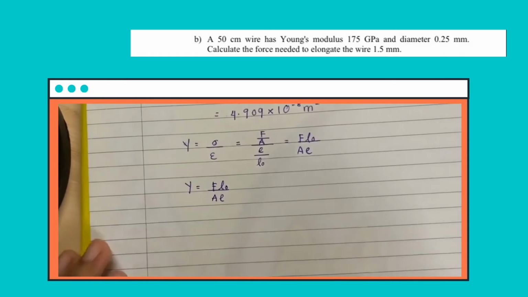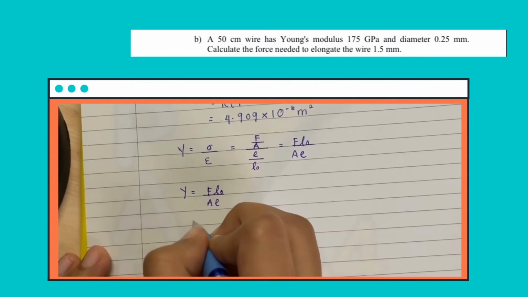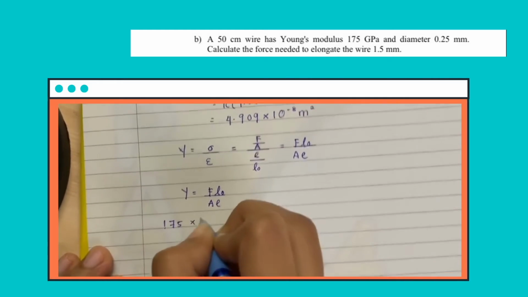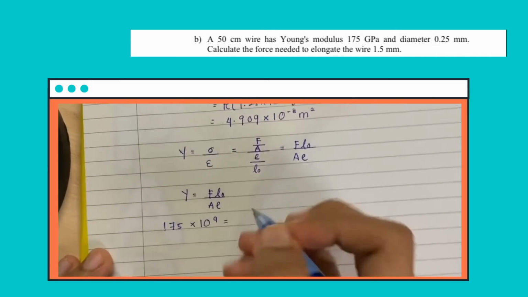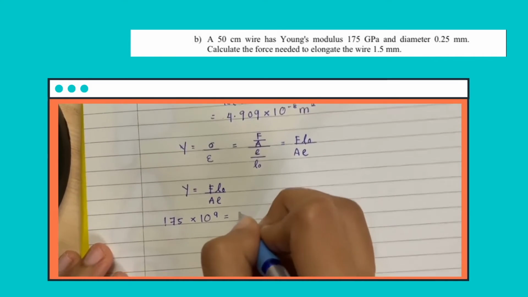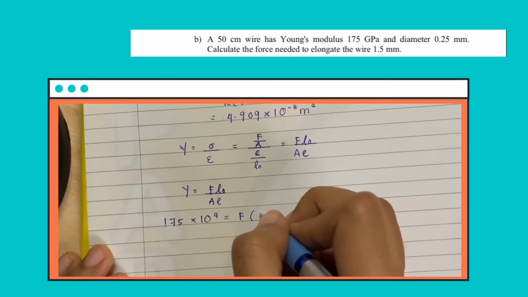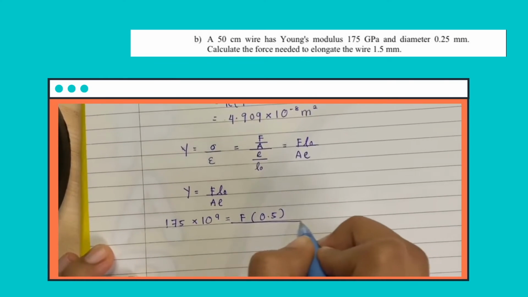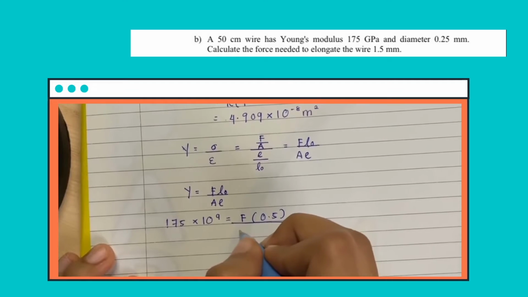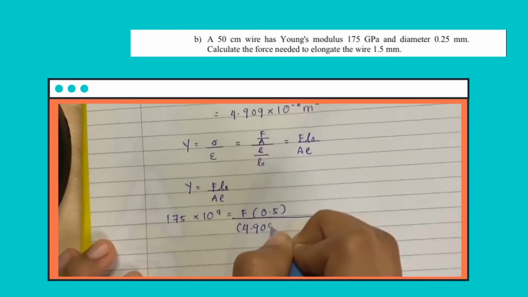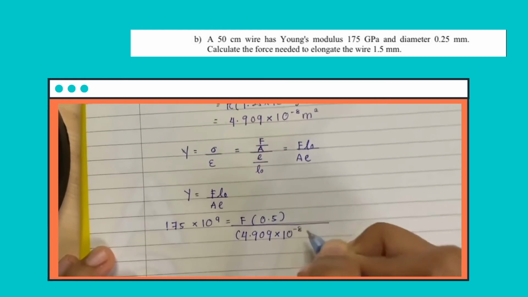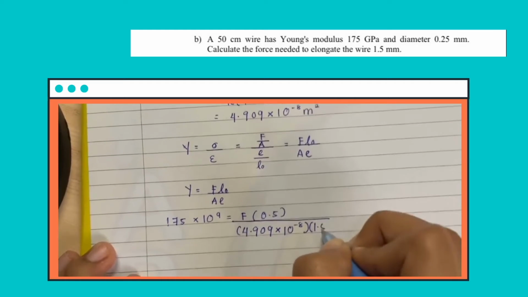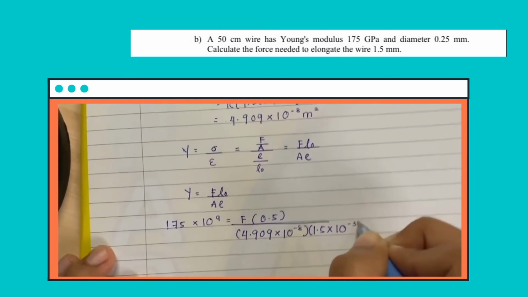So kita boleh masukkan info tadi. Y dia 175 times 10 of 9 Pascal, sama dengan F dia yang kita nak cari, and then initial length dia adalah 0.5 meter over dengan area dia adalah 4.909 times 10 negative 8, dan times dengan dia punya extension 1.5 darab 10 negatif 3 meter.